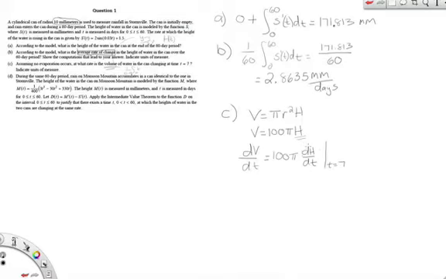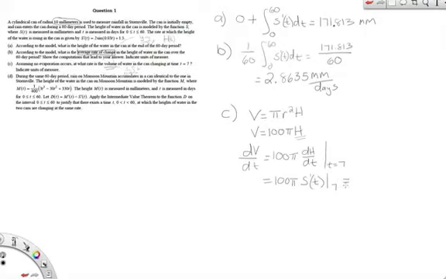I need to know what dh dt is at 7. Well, dh dt has another name. It's S prime. So what I really have is 100 pi S prime of t, evaluated at 7. So now I need to find S prime and plug in 7.